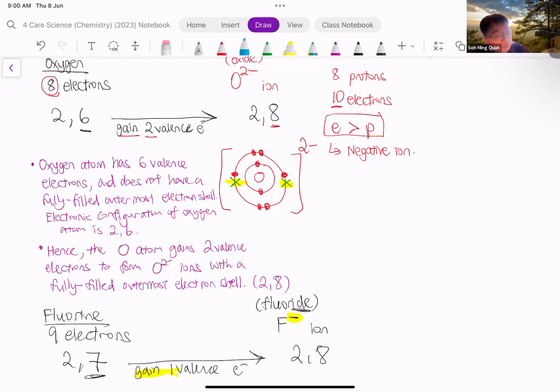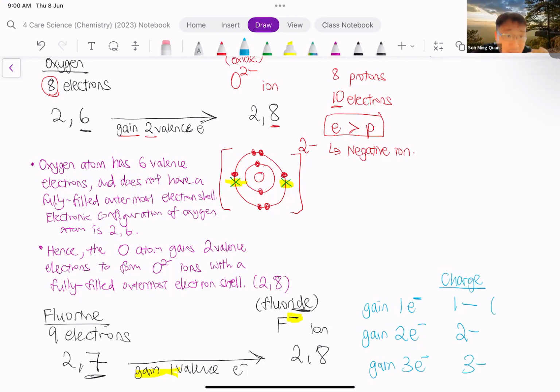So I'm sure you can work out the rule already. If you gain 1 valence electron, your charge is 1 minus. If you gain 2 valence electrons, it'll be 2 minus. If you gain 3 valence electrons, 3 minus. And this is all dependent on the group from which the element comes from.